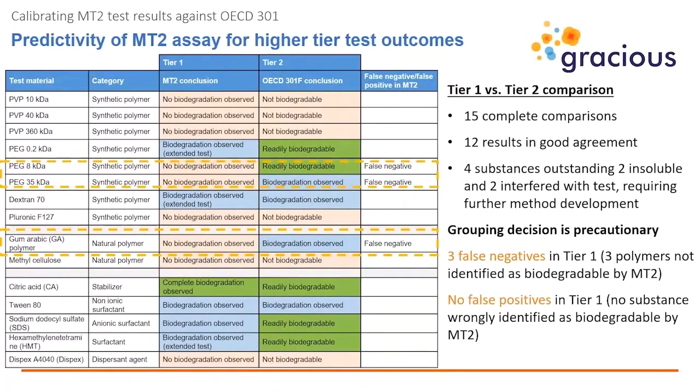That's nice, because that does mean that this MT2 assay is precautionary, where if we see a positive response in the MT2 assay, we know that a positive response would also be observed in the OECD test. However, we know that if we don't see biodegradation in our MT2 assay, this could be a trigger for escalating to a higher tier test to see whether this is a false negative or whether there actually is no biodegradation of that chemical.